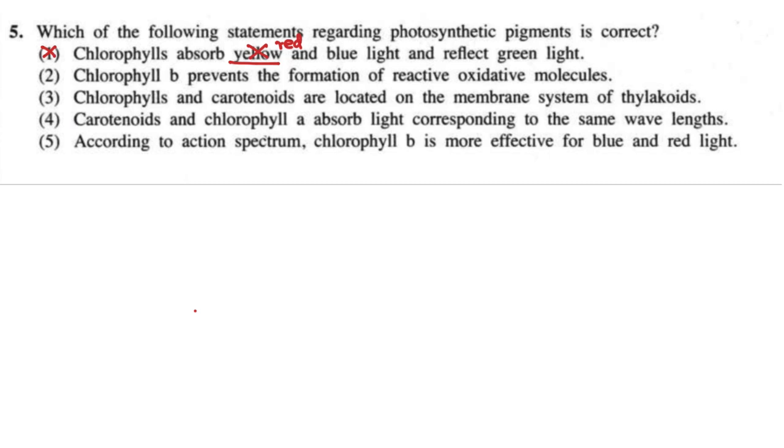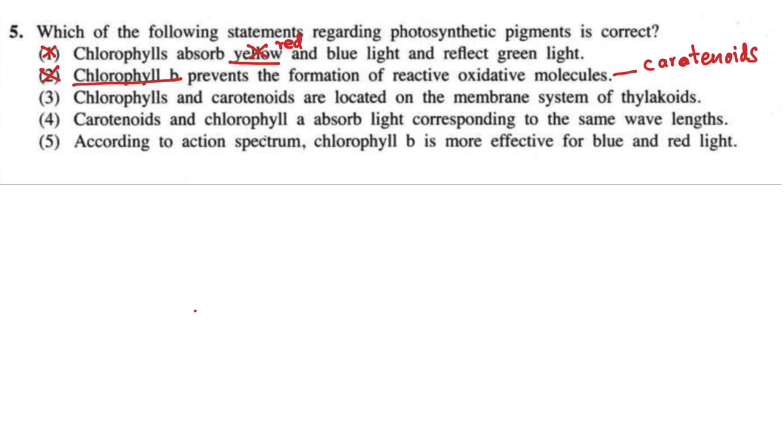Then option 2, chlorophyll B prevents the formation of reactive oxidative molecules. That is not a function of chlorophyll B, that's a function of carotenoids. So 2 is incorrect.